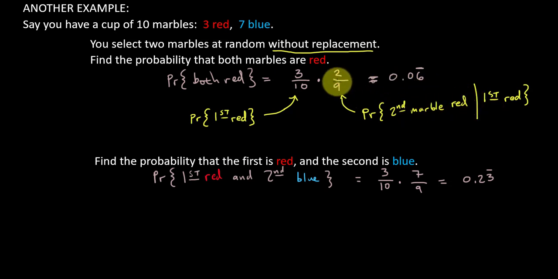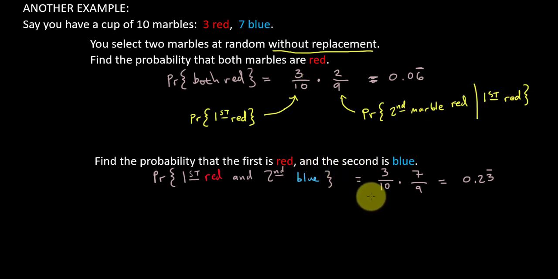Because that division by 9 accounts for the without replacement bit, but that numerator of 2 is accounting for, oh, there's no longer 3 reds because we took one out. So this was the probability that the second marble was red, given that the first was red as well.